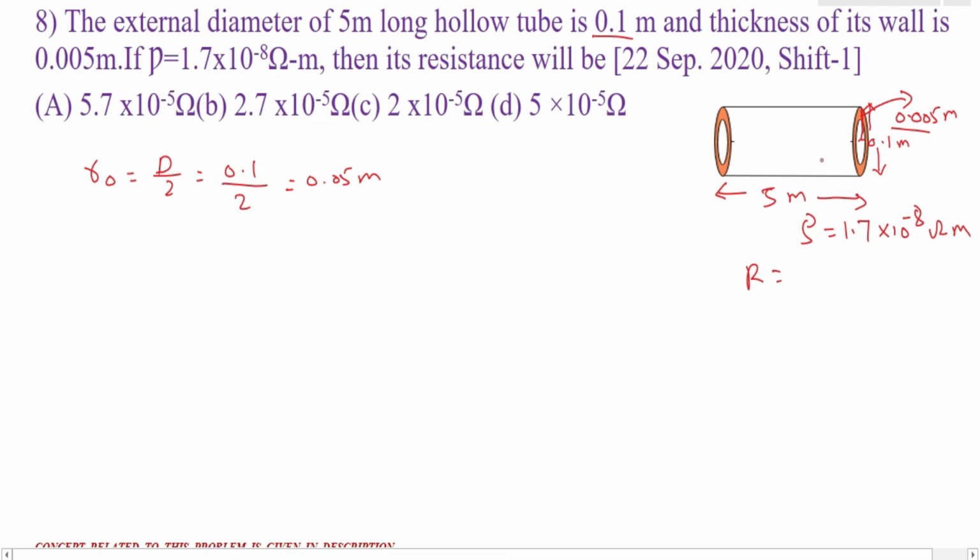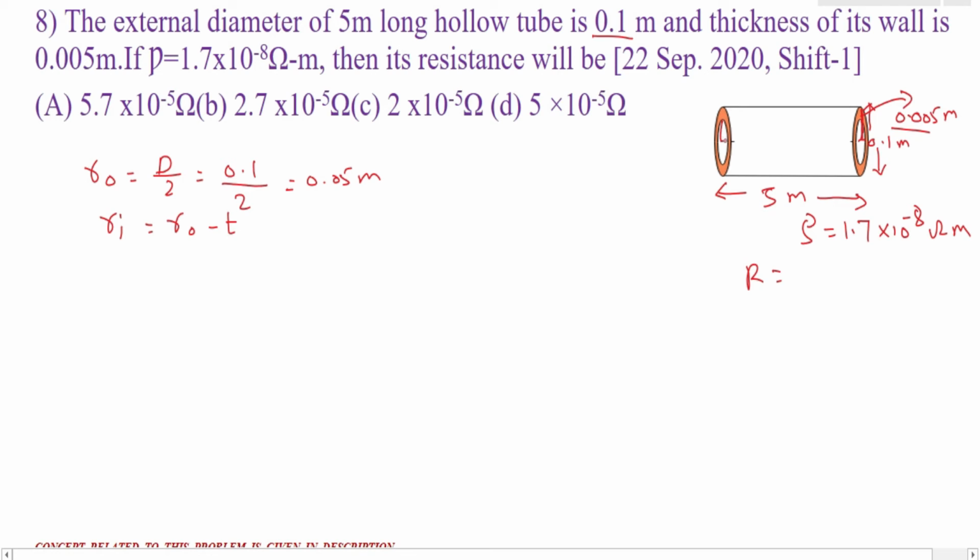Now you have to calculate the radius of the inner ring. If I take this as center, this will be the radius of the inner ring. So R inner is equal to the radius of the outer ring minus the thickness of the colored part.